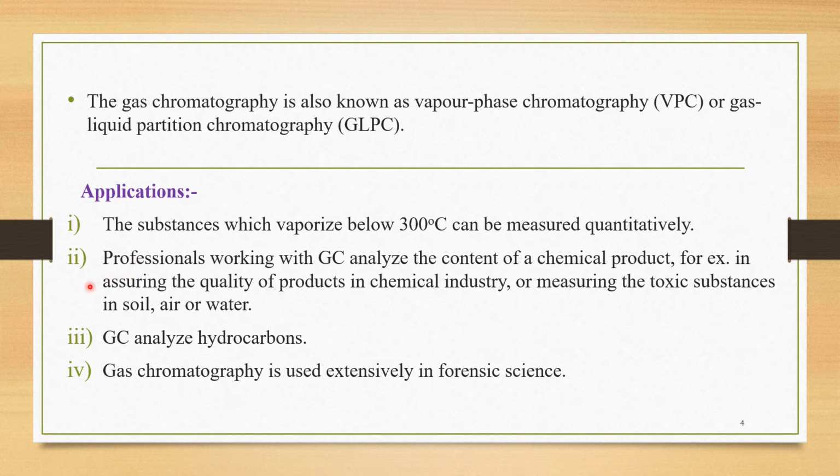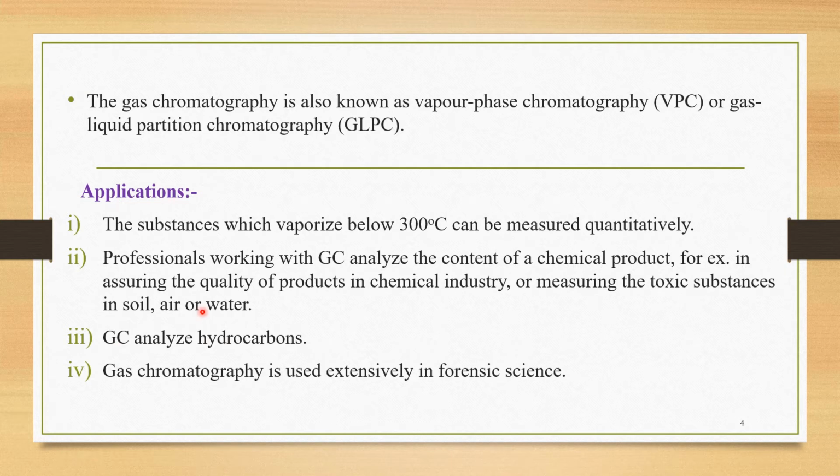The second important application is that professionals working with GC analyze the content of a chemical product. For example, in assuring the quality of products in the chemical industry or measuring toxic substances in soil, air or water.